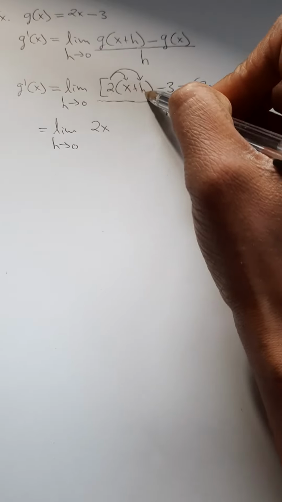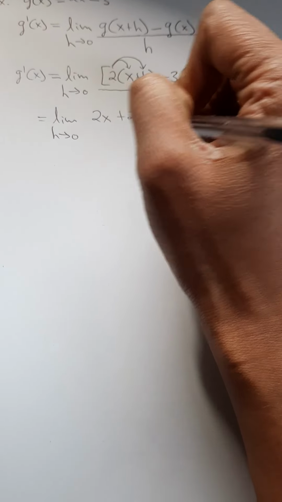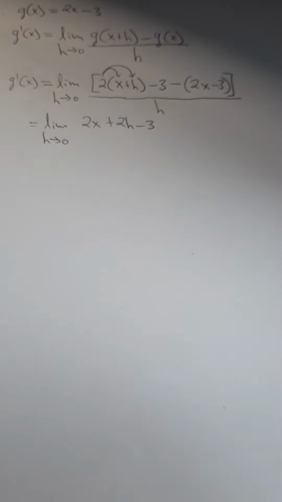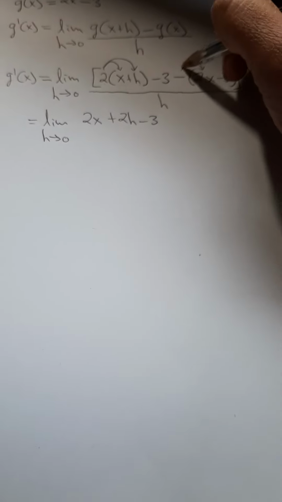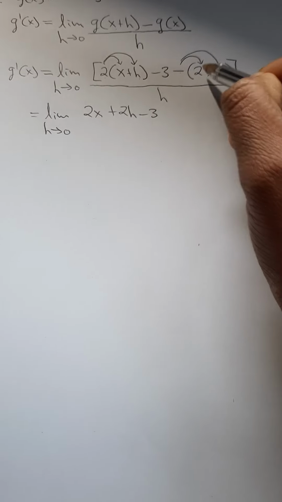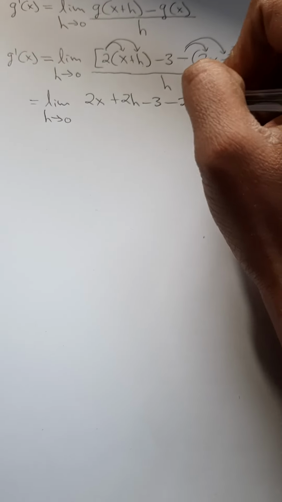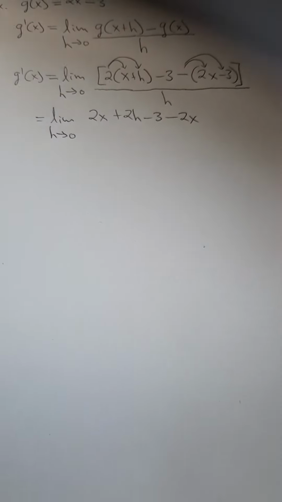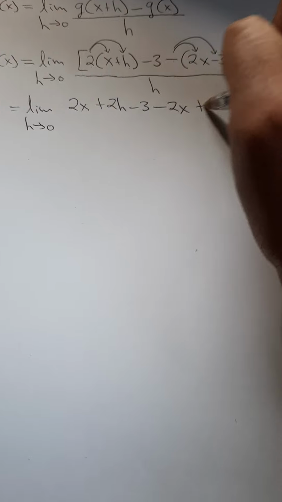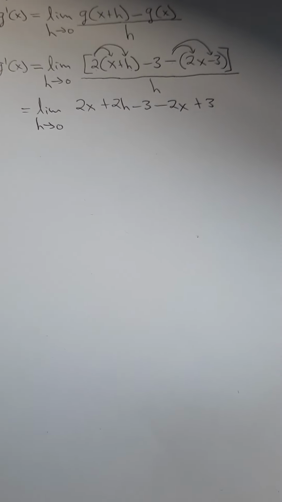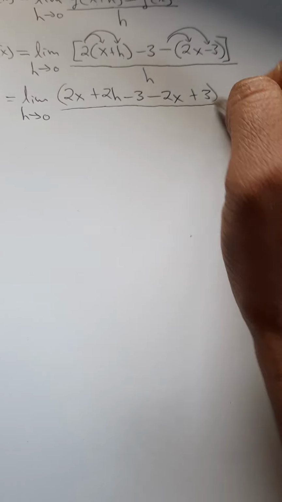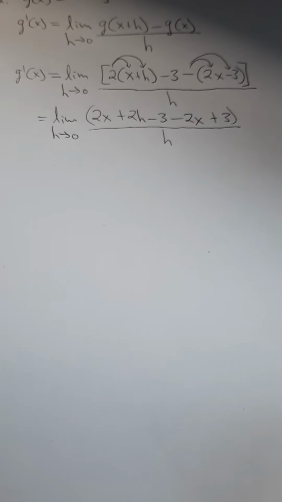Then you're doing 2 times h, which is plus 2h, minus 3. And we are also distributing this negative sign. So you're doing negative 1 times 2x, negative 2x. And you're doing negative 1 times negative 3. So it's going to be positive 3. So just like this. Maybe put the brackets here so you can see it. And again, the whole thing is going to be over h.